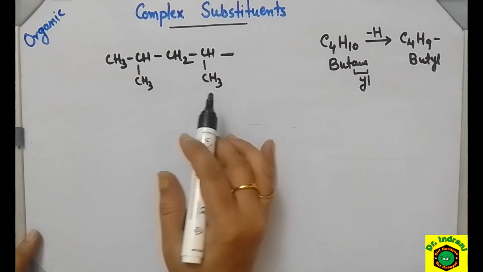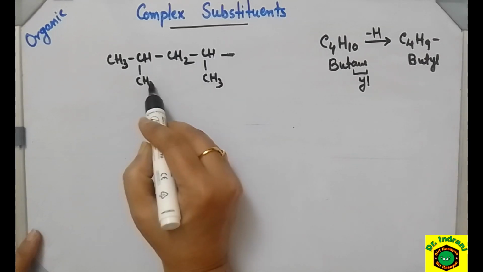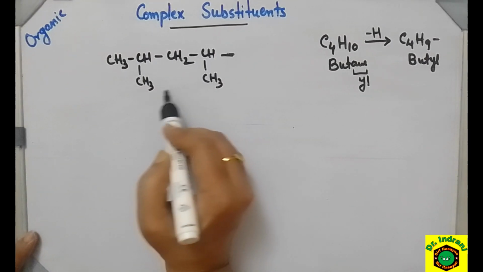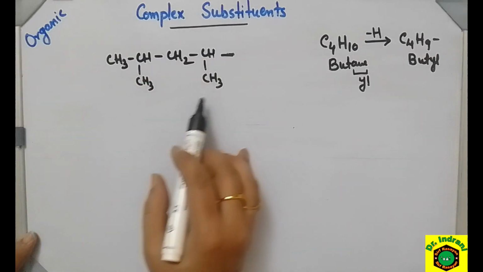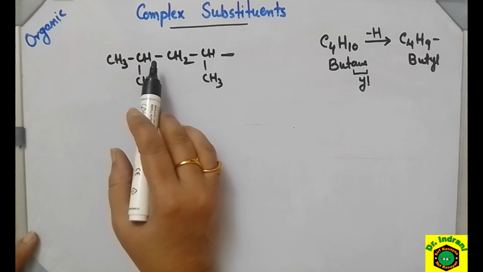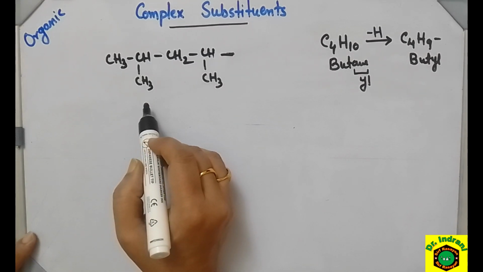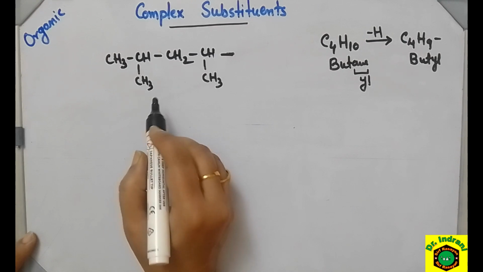Now see this structure. Here and here one hydrogen atom is replaced by CH3 group, means methyl groups. So this is called complex substituent. If one or more carbon atoms of an alkyl group are further substituted, it is called complex substituent.